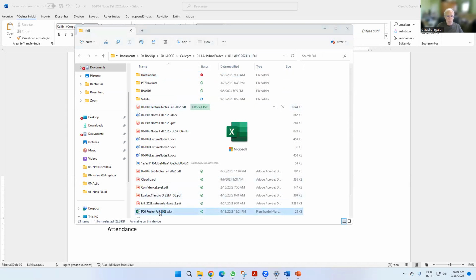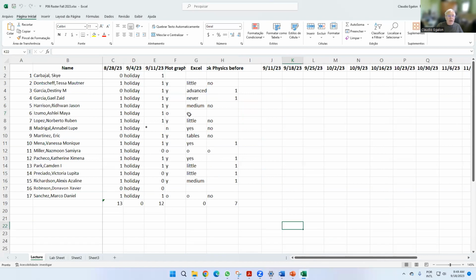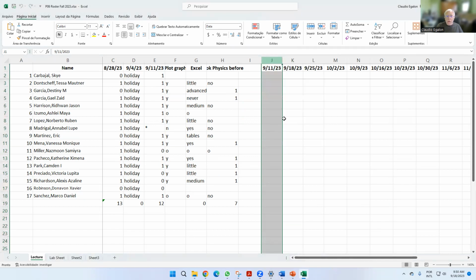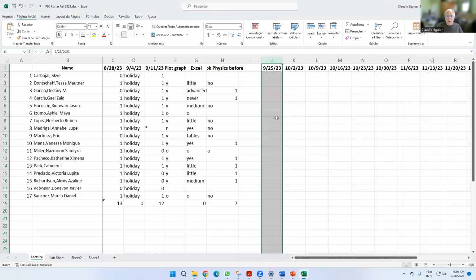Roster. Okay, today is the 18th. Okay, 11 is here. Okay, now let's cut. Oops, nope.